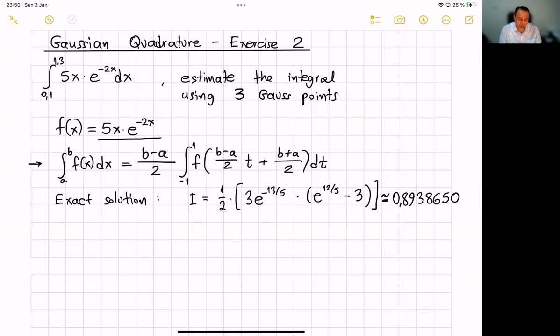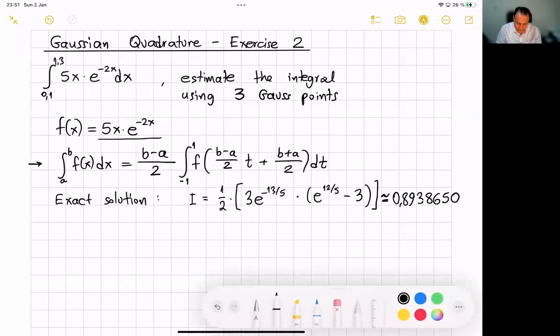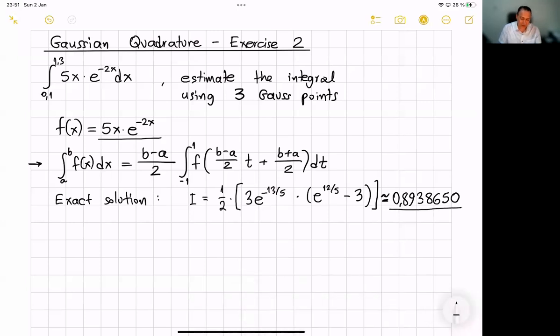The exact solution of the integral is given here, and it is approximately 0.8938650, as you see here. So let's start with this exercise.